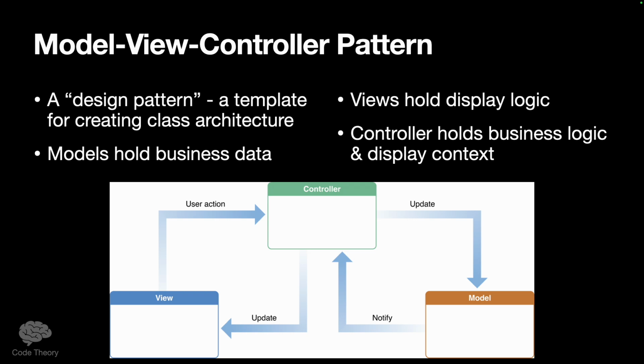This pattern looks kind of like this. You have your controller. It's sort of the thing that's running the show. It's got your business logic. It handles combining your pieces of data, whatever. Let's say that we have a bunch of stuff that we're displaying to the view. The user decides that they want to delete something, okay? They press the delete button. That information gets sent to the controller.